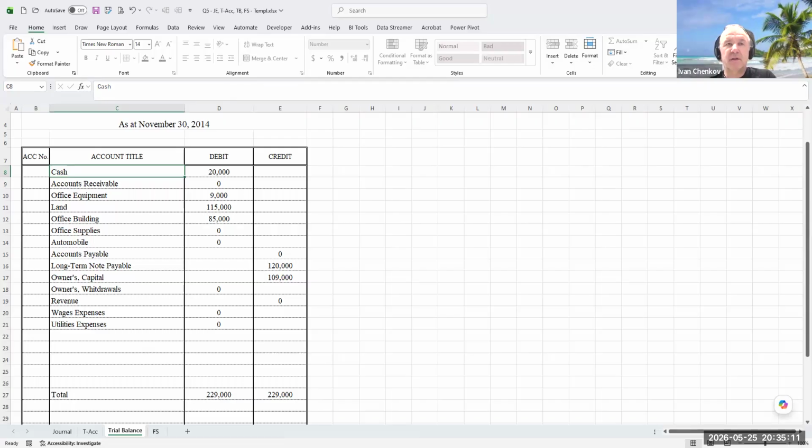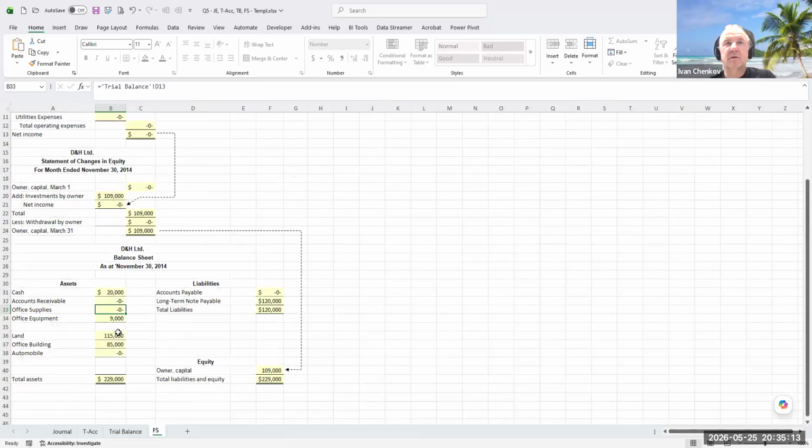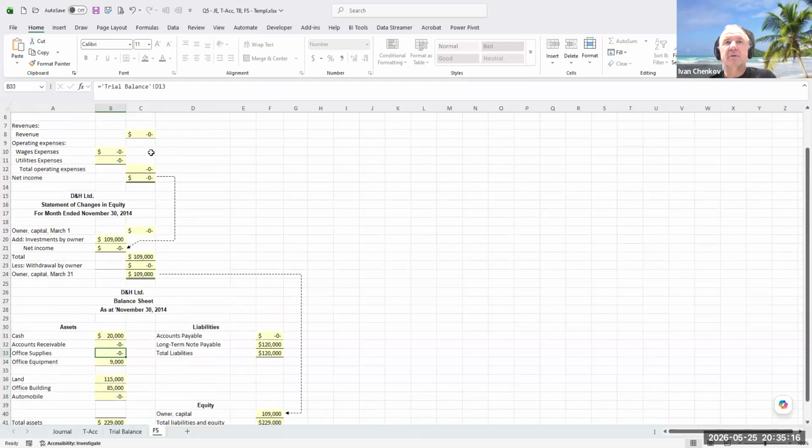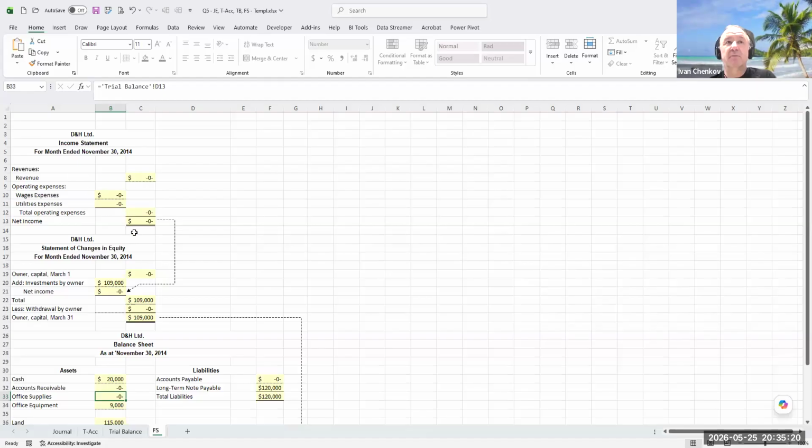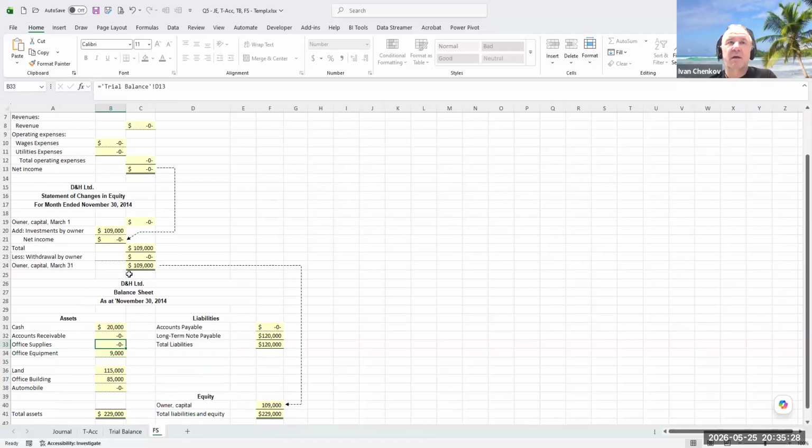And if we take a look at the financial statements, we already have some numbers. On the income statement, obviously, there will be nothing because we haven't sold anything to the clients. We don't have any expenses, but the owner put in some money, invested capital, which is cash and office equipment, which shows directly in his account.